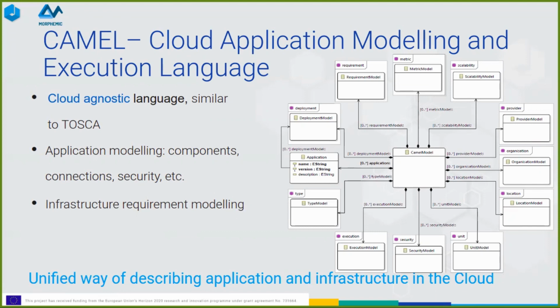So all of this is modeled in CAML in a cloud-agnostic way. The user can set the requirements, constraints, and a so-called utility function, which decides which deployment is better and allows the optimization process.